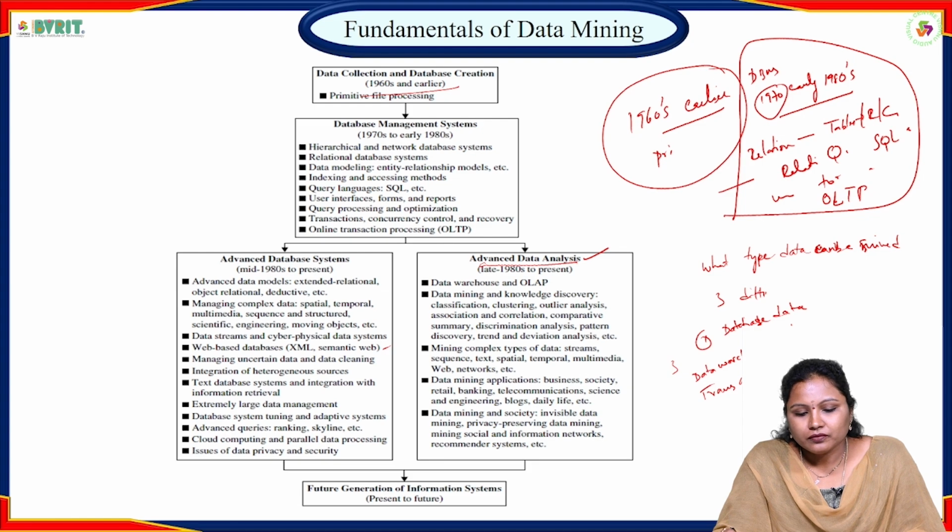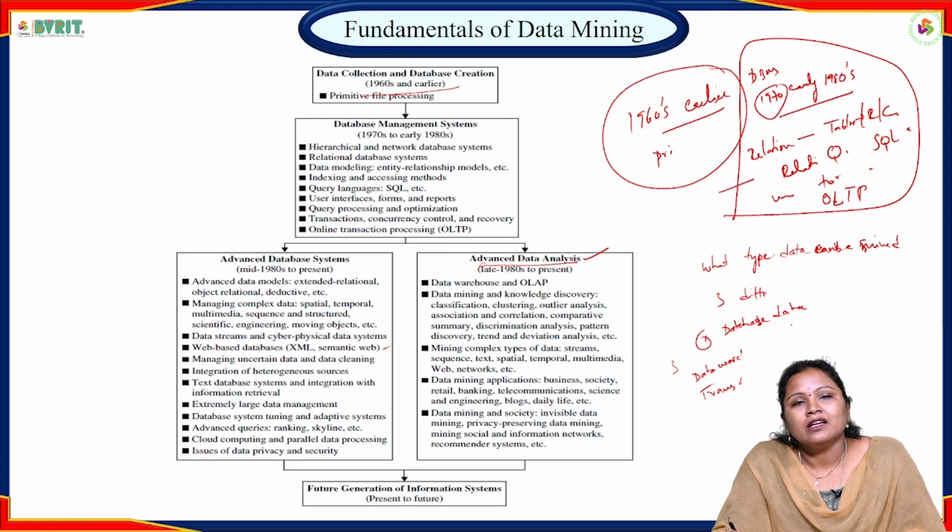There is also mining of complex types of data, like stream data, sequence data, text data, spatial data, temporal, multimodal, web, network, etc. These are the different complex data which we can mine.